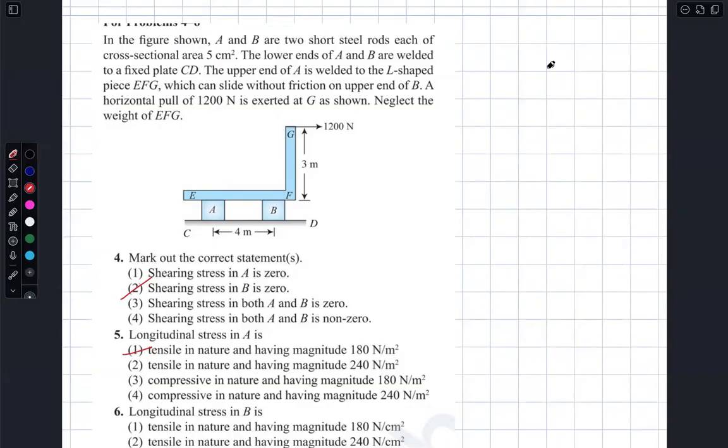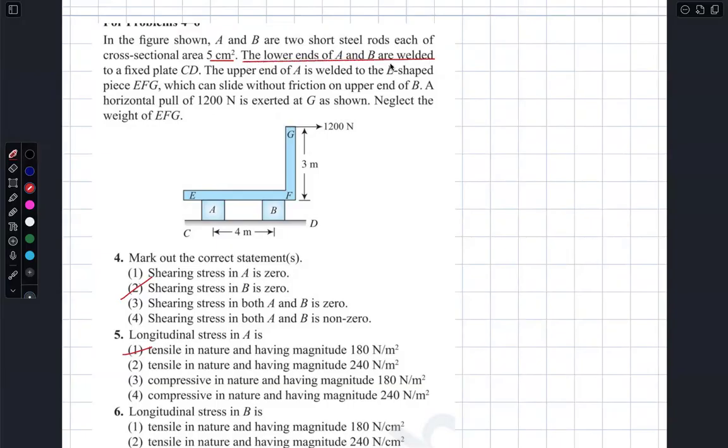In the figure shown, A and B are two short steel rods, each of cross-sectional area 5 centimeters square. The lower ends of A and B are welded. This is also an important point.